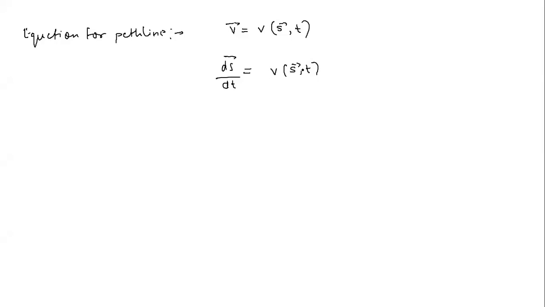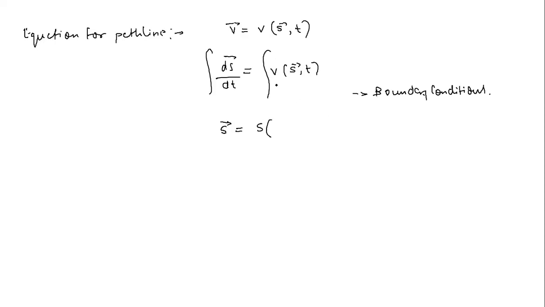I am following the Eulerian approach only. But now when I integrate this equation, it is going to give you s vector, again as some function. Ultimately, when you integrate this, you need to apply the boundary conditions. That means at time t equal to 0, what was happening?